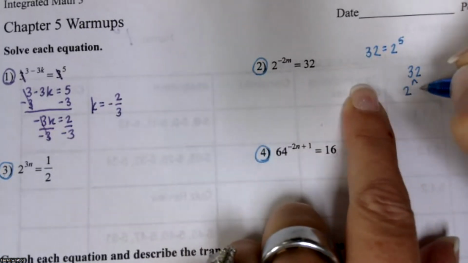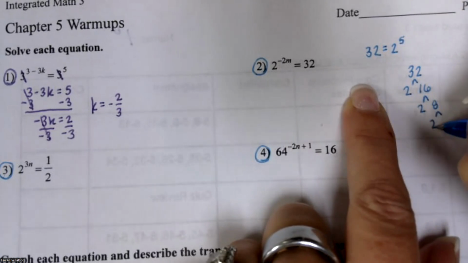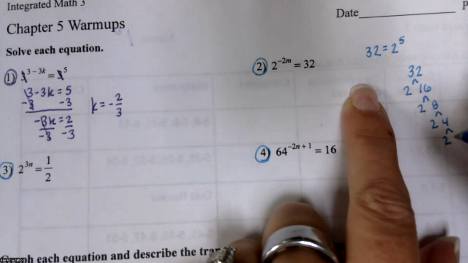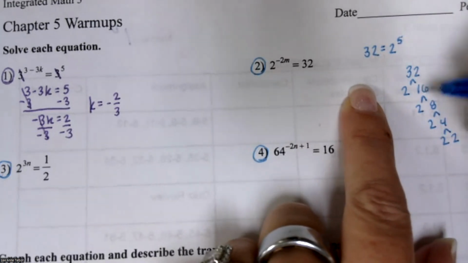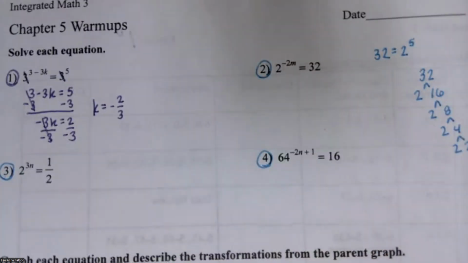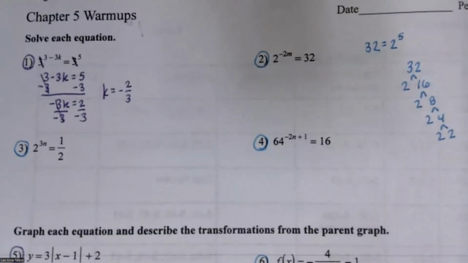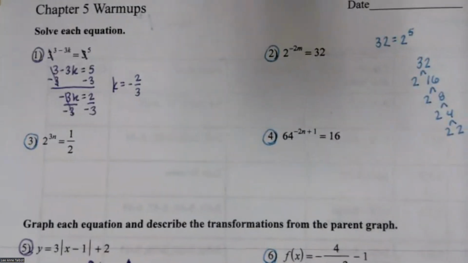You can just make a factor tree off to the side and show that there's 5 of them. That's totally fine also. But when you start to do these same base exponentials, you'll start to memorize some of them. It's just going to happen.